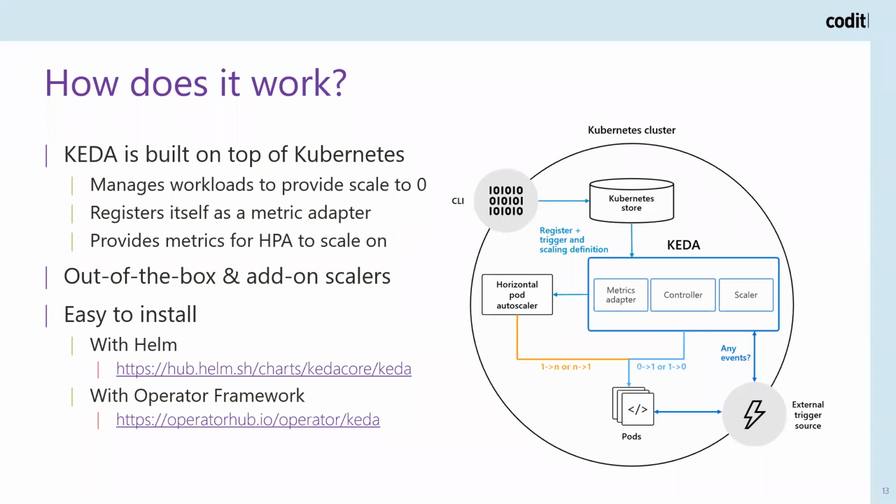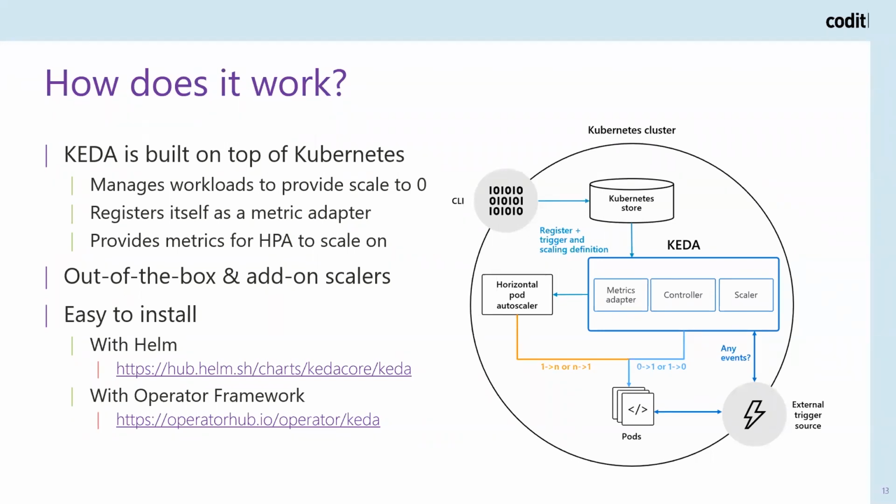So KEDA does not reinvent the wheel. Like Jeff mentioned, we basically fully build on top of Kubernetes, where we manage the workloads to provide that 0 to 1 scaling, which is not out of the box with Kubernetes. We handle that, but we also register ourselves as a metric adapter. And we feed the metrics to the HPA.